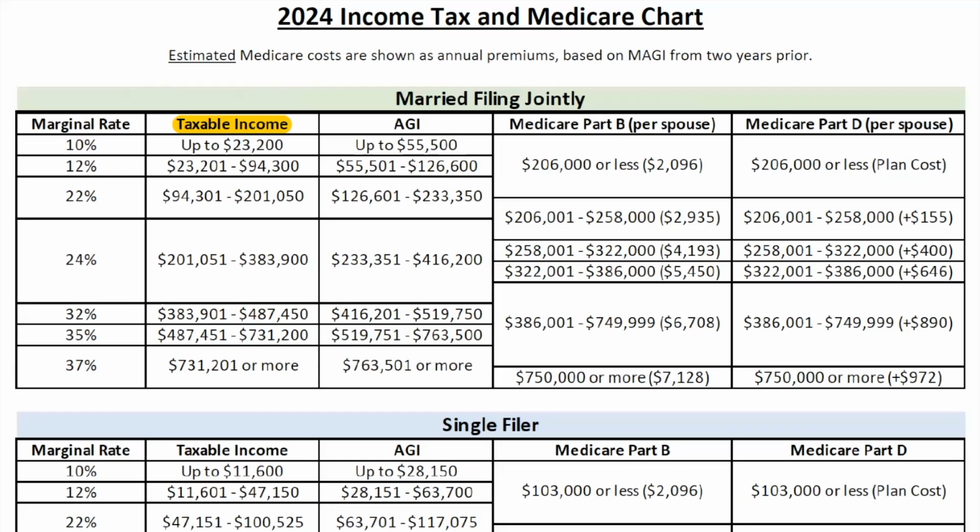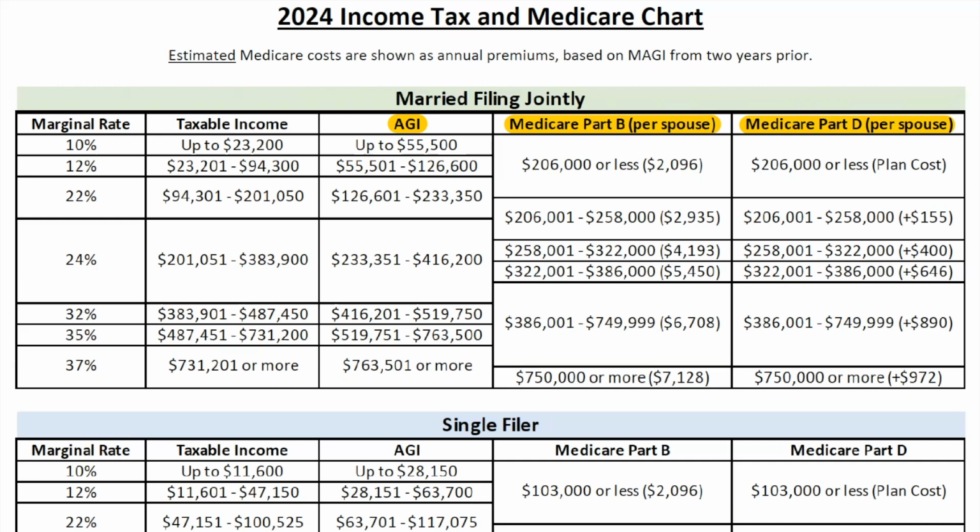This combined income tax and Medicare chart displays the federal marginal tax brackets, including this column, taxable income, which backs out the additional standard deduction for taxpayers over age 65, since that's when Medicare begins. The monthly premiums for Medicare Part B, medical insurance, and Part D, drug coverage, are determined based on income, specifically modified adjusted gross income.